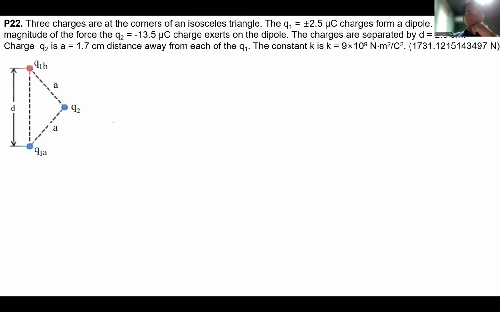Find the magnitude of the force that the Q2 charge exerts on the dipole. The charge is giving a force to this dipole. The easiest way is to find the force on this one and the force on this one from Q2, and then you can find the net force.